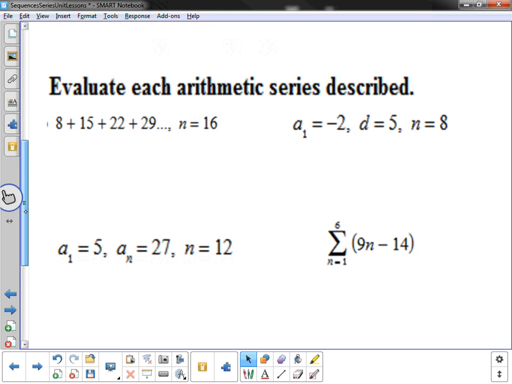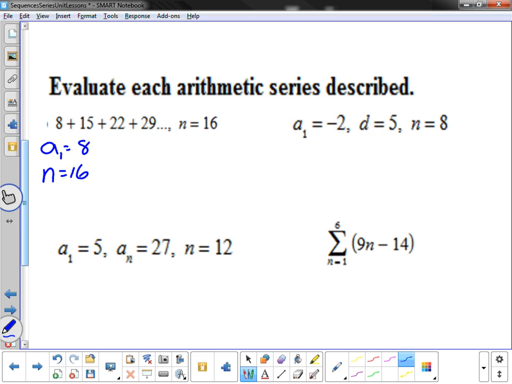Okay, so for this first problem, I know the first term. I know a sub 1 is 8. I know n is 16. Now, if I knew what the last term was or what the common difference is, I can use one of those formulas. Well, 8 plus what gets me to 15? Plus 7. 15 plus 7 is 22. So my common difference is 7.